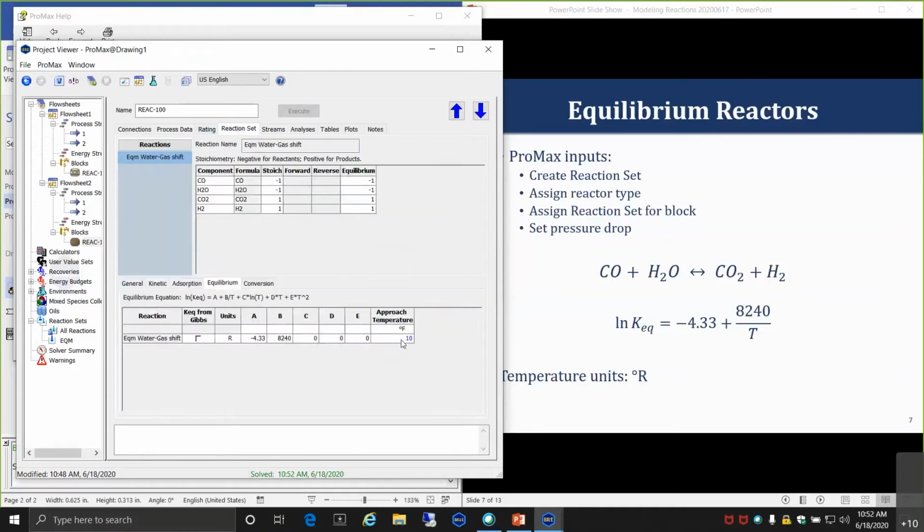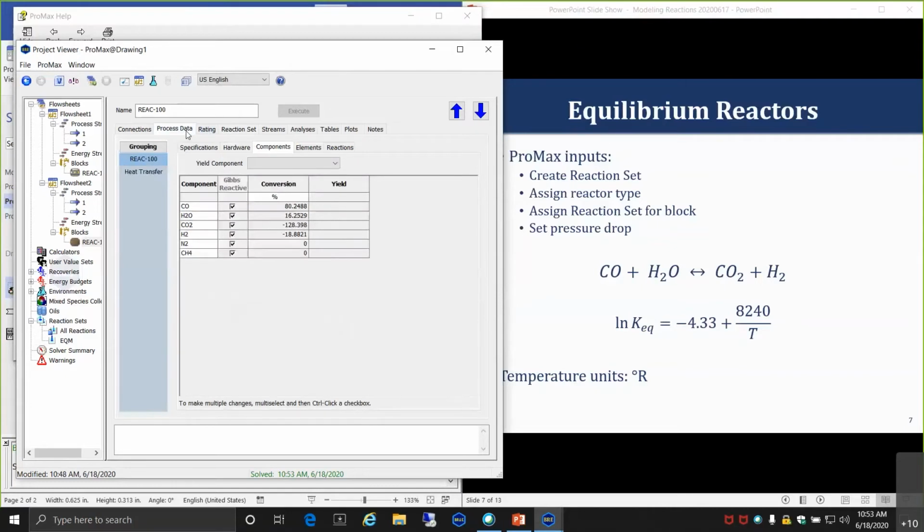If I make this a negative value, that means that the equilibrium temperature is going to be higher than the system temperature. And for our exothermic reaction case, that means I will have less conversion than what I had at a zero temperature approach.